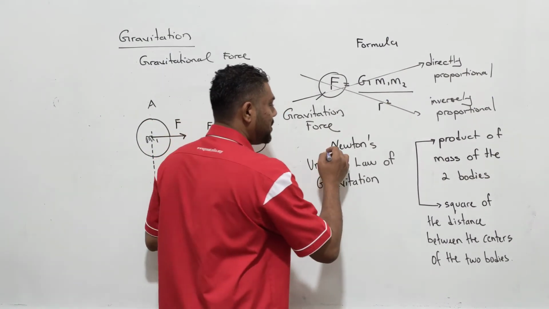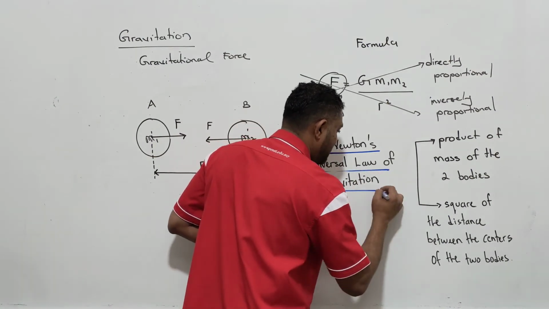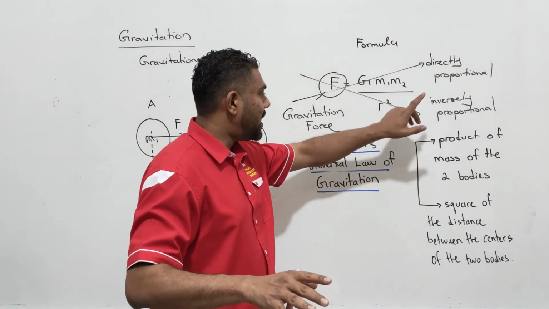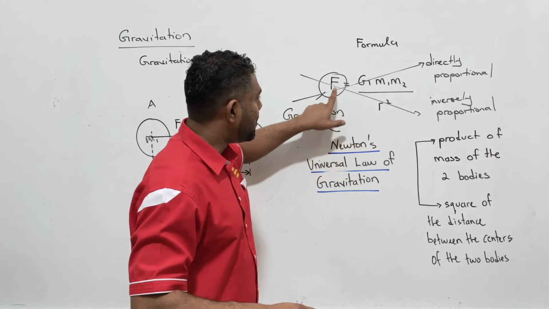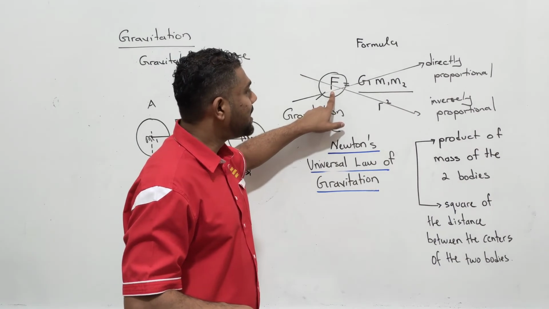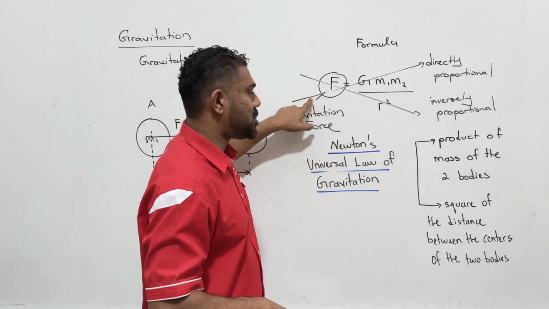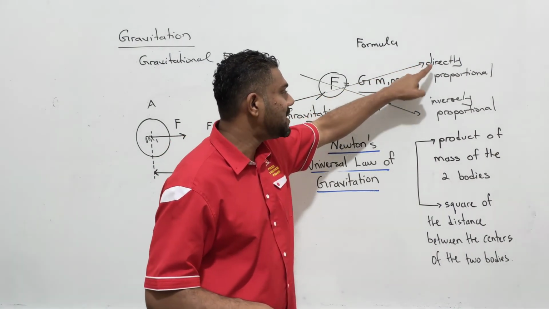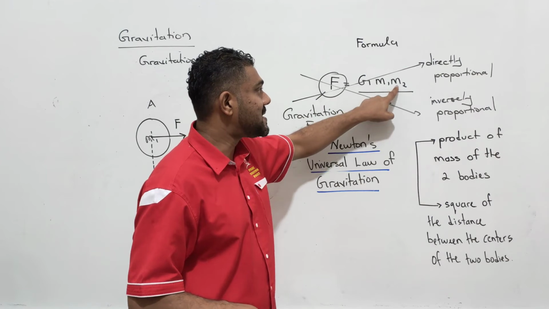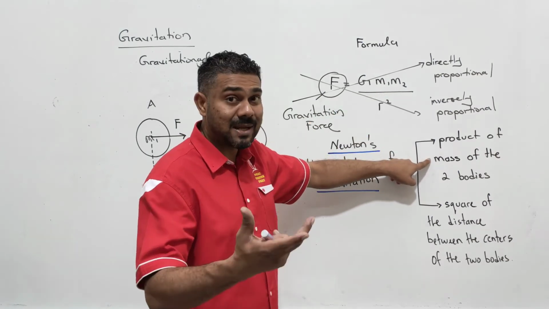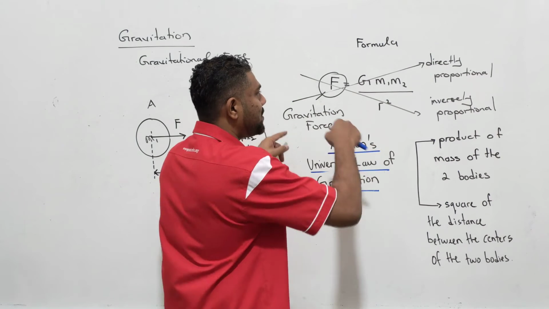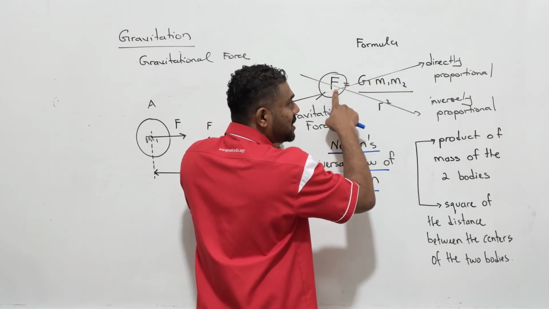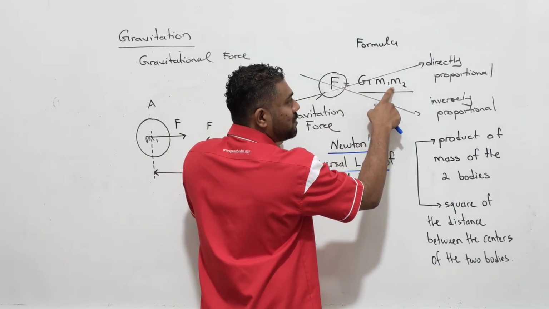for Newton's universal law of gravitation? Newton's universal law of gravitation basically states that your gravitational force is directly proportional to the product of mass, the product of mass of the two bodies.